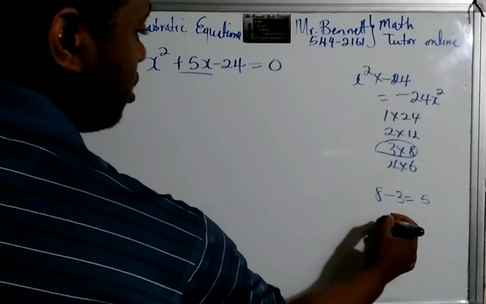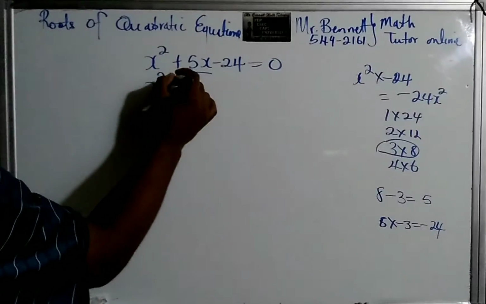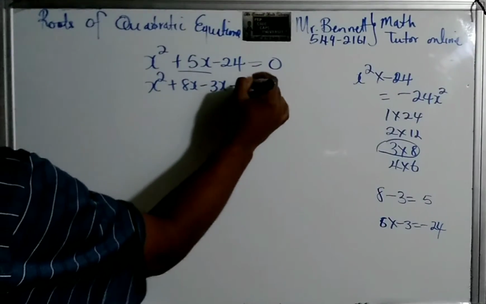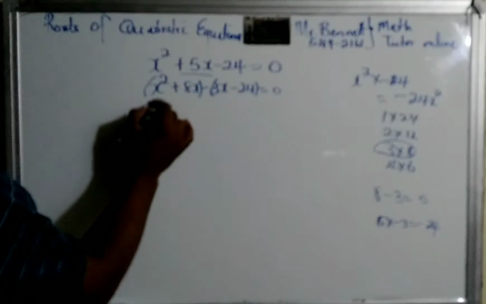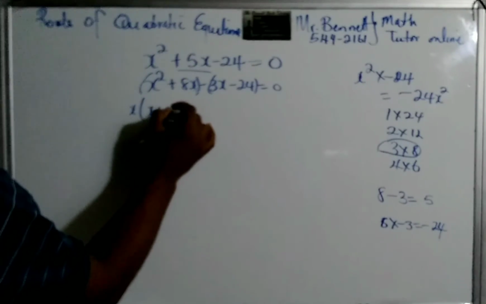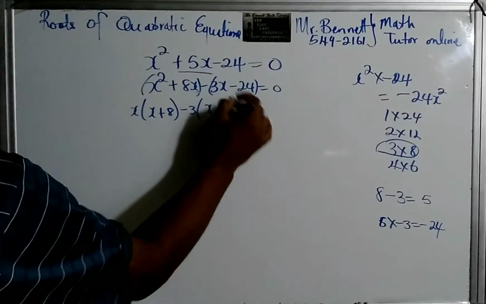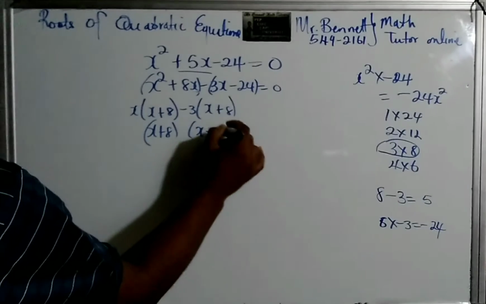And 8 times negative 3 is equal to negative 24. Alright, now that we have the factors, we just put them in. It's 8x minus 3x minus 24, and then we factorize. So the two factors would be x plus 8 and x minus 3.